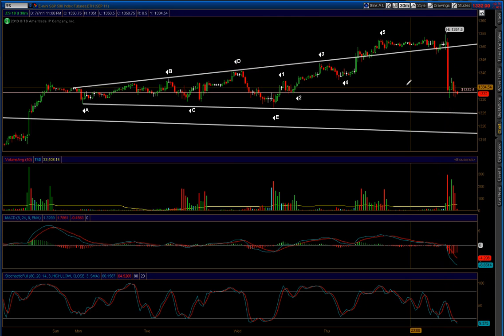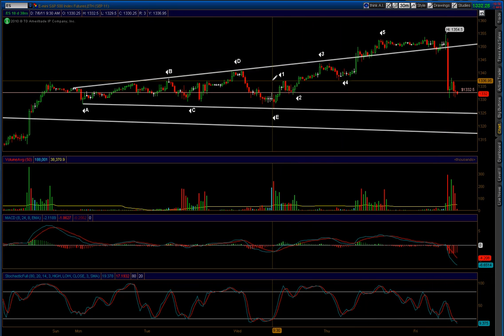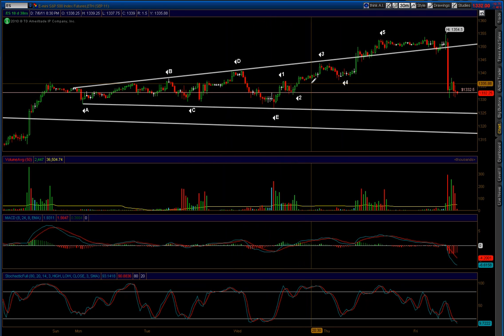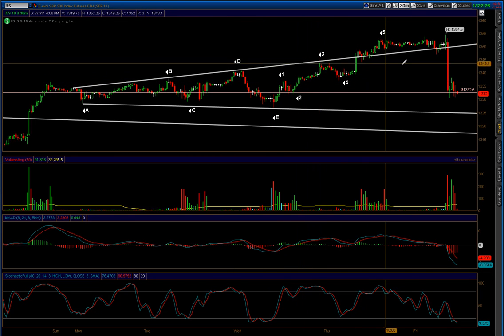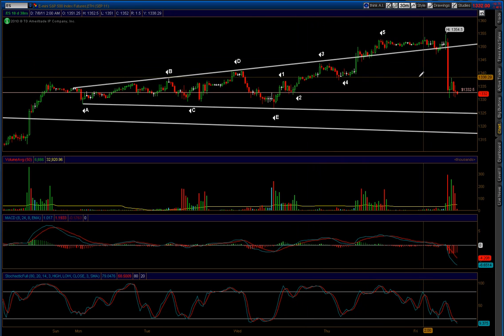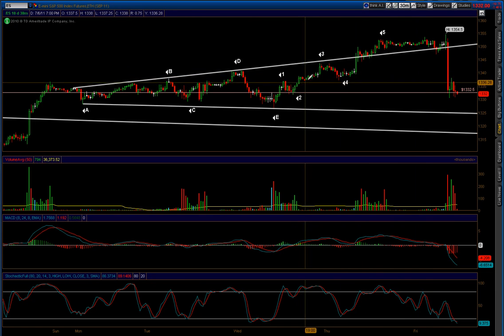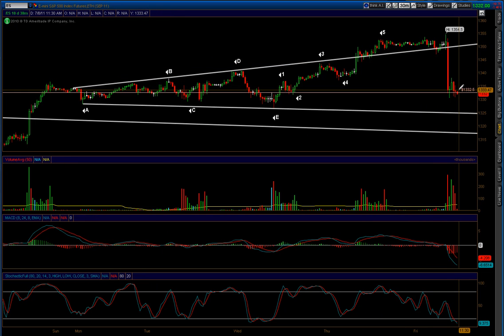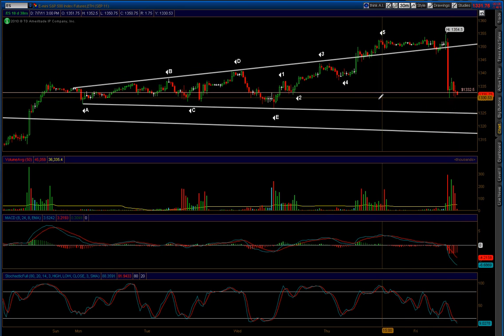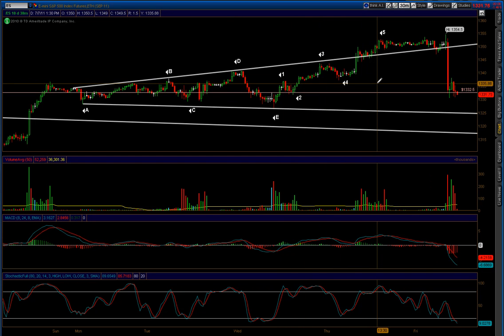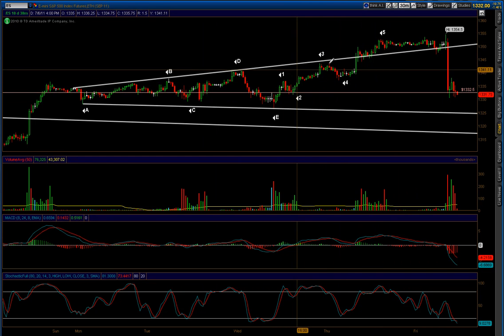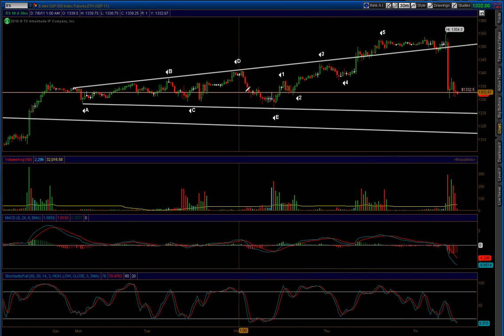Here's the thing, though, with this pattern: sometimes we come back to the middle of the pattern to kind of backtest or retest this area.